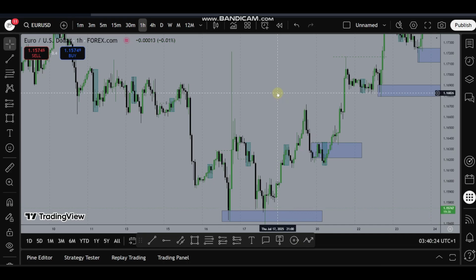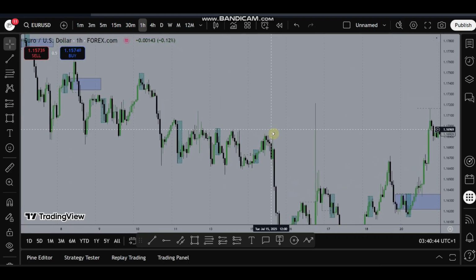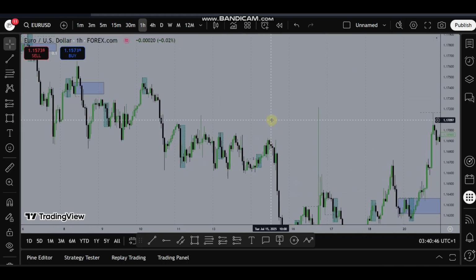If price is not balancing, the next target is a breaker block or mitigation block. But if there's no mitigation block or breaker block, that's when you consider the order block. Then the rejection block: the order block will not even allow price to get to a rejection block, except there is no order block, and it's almost impossible to have a break of structure without an order block in it.